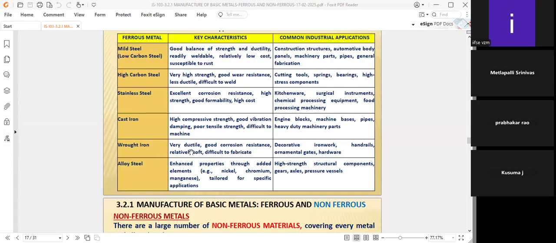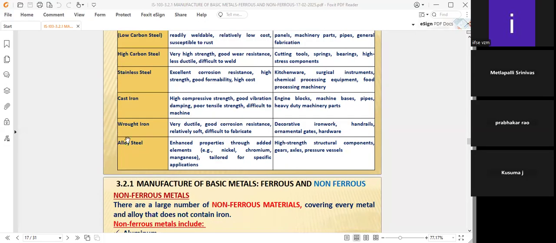Wrought iron is very ductile with good corrosion resistance, but relatively soft and difficult to fabricate. It is used for decorative ironwork, handrails, ornamental gates, hardware and other things.